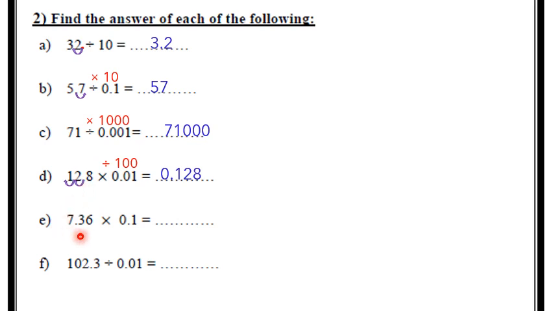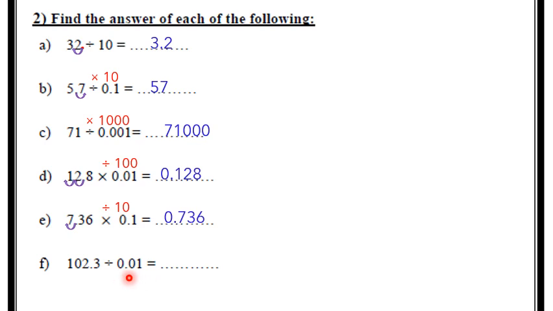7.36 times 0.1. Here, this is a crazy decimal, so this makes the opposite, like divided by 10. Divided by 10, so I will move the decimal point 1 place to the left. So it will be 0.736. Number F, the last one, 102.3 divided by 0.01.